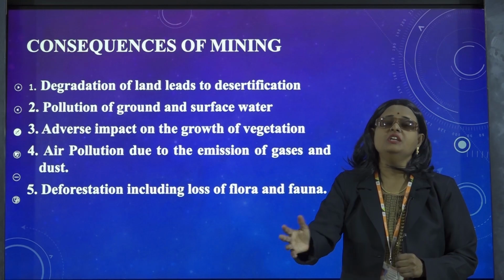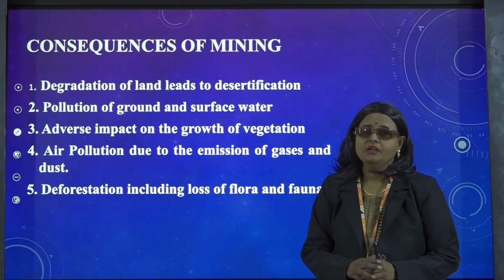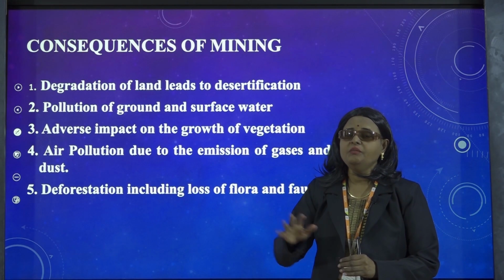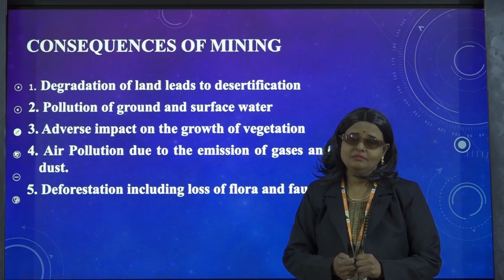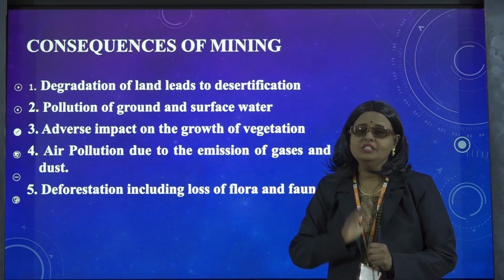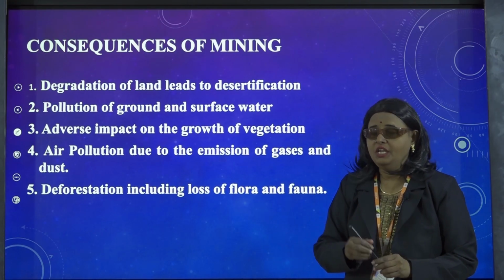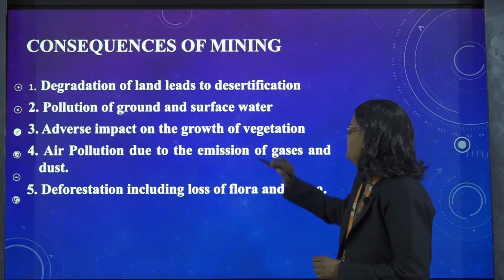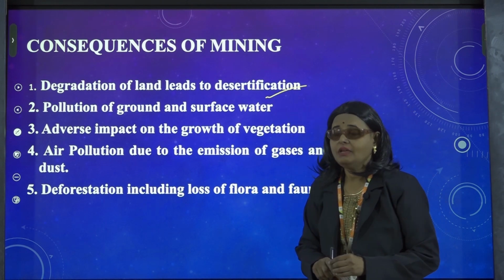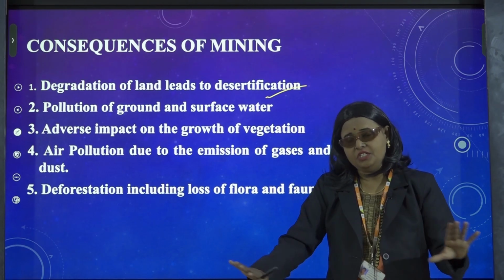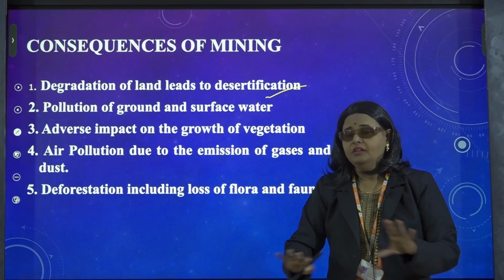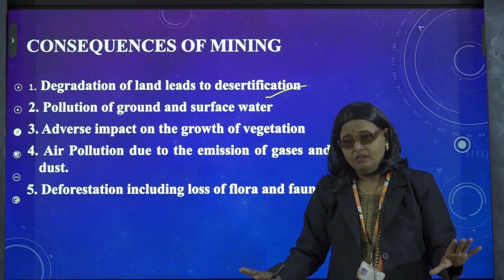That means there are some consequences due to this mining. Okay? During mining and after mining, there are also some consequences to the environment. That is what I am going to tell you. Point wise, all of you see here: degradation of land. I told, after searching for the mineral, we remove the vegetation, which leads to deforestation.